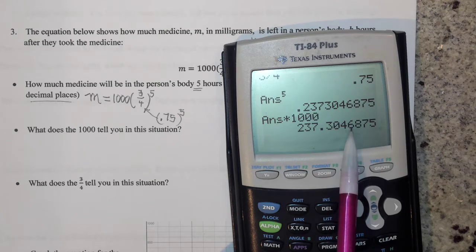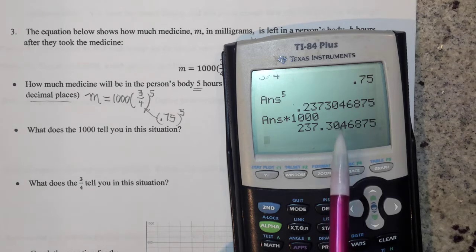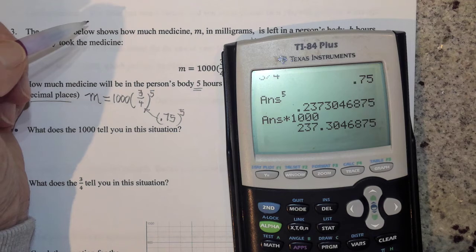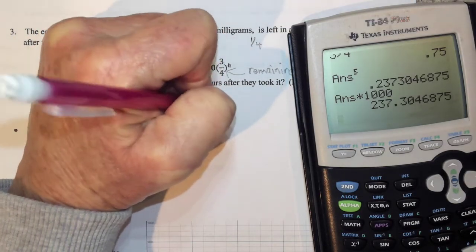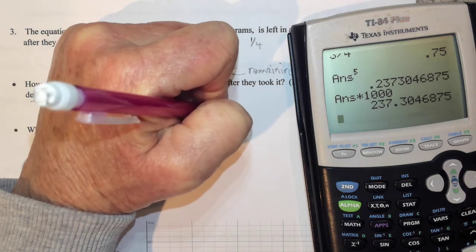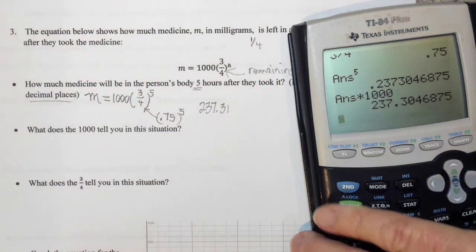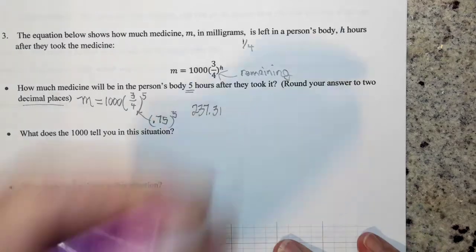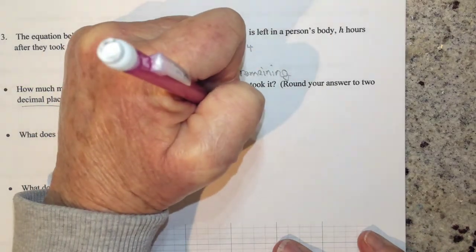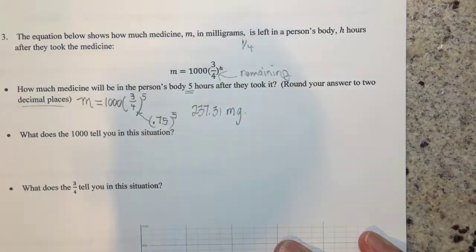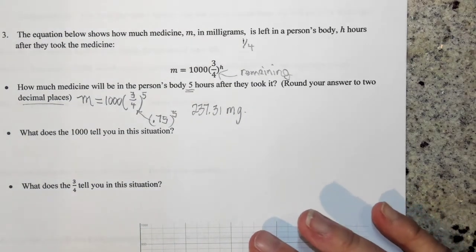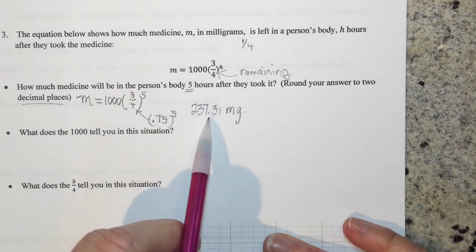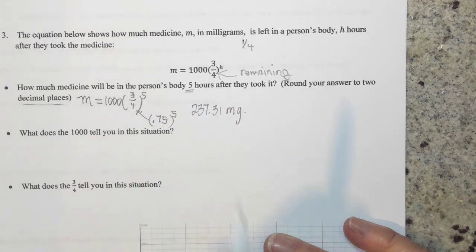I also am going to notice that that 6 will push that to a 5, which will push that to a 1. So the final answer is going to be 237.31. And I need to make sure I get my units in there. What am I referencing? It's milligrams, mg. Okay. So how much medicine will be in the person's body 5 hours after they took it? 237 and 31 hundredths milligrams.